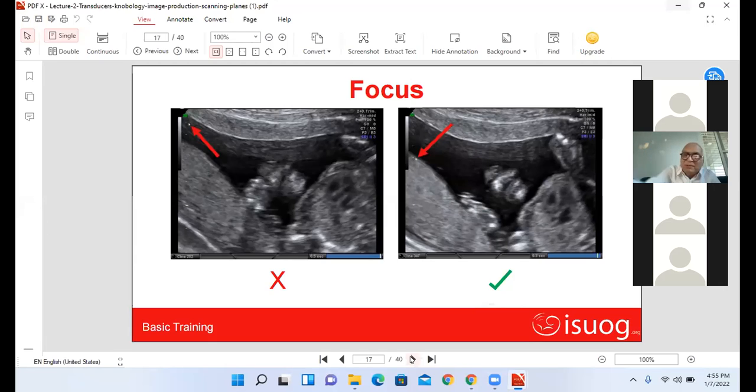Just remember this, focus is of great importance. And as I said, depth is very important. Then sector is very important. We don't need to fan out large. We have to put the lines in the region of our interest, because that will improve our frame rate and the resolution in a great way. Next slide, please.